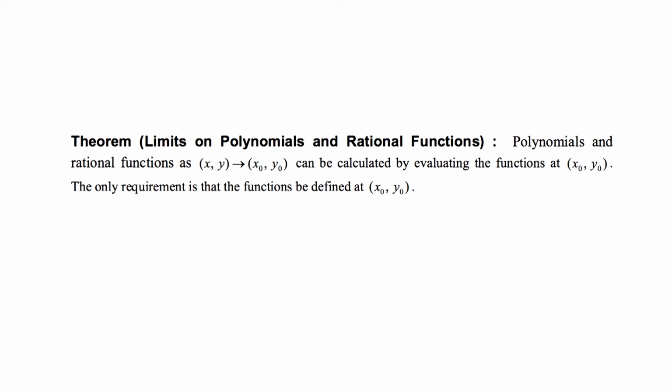Limits of polynomials and rational functions as (x, y) approaches (x naught, y naught) can be calculated by evaluating the functions at (x naught, y naught). The only requirement is that the functions be defined at (x naught, y naught).